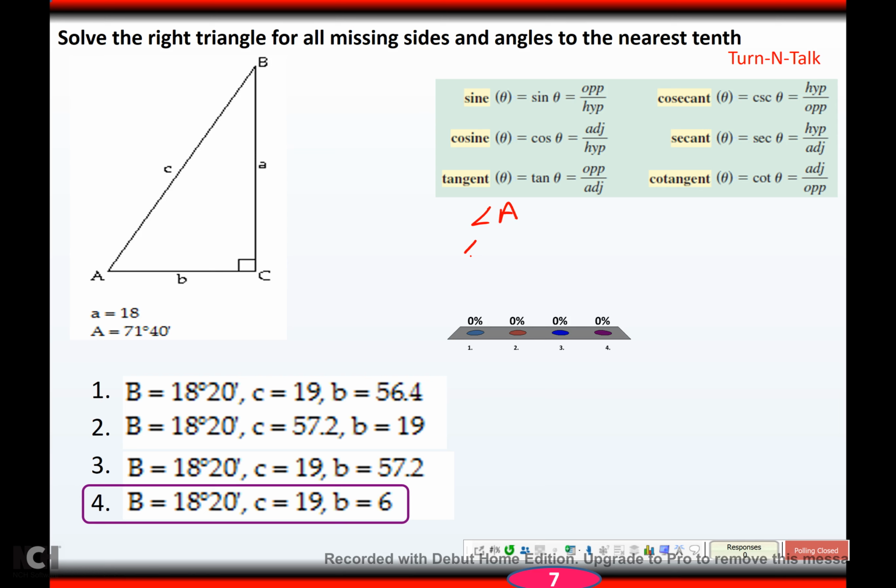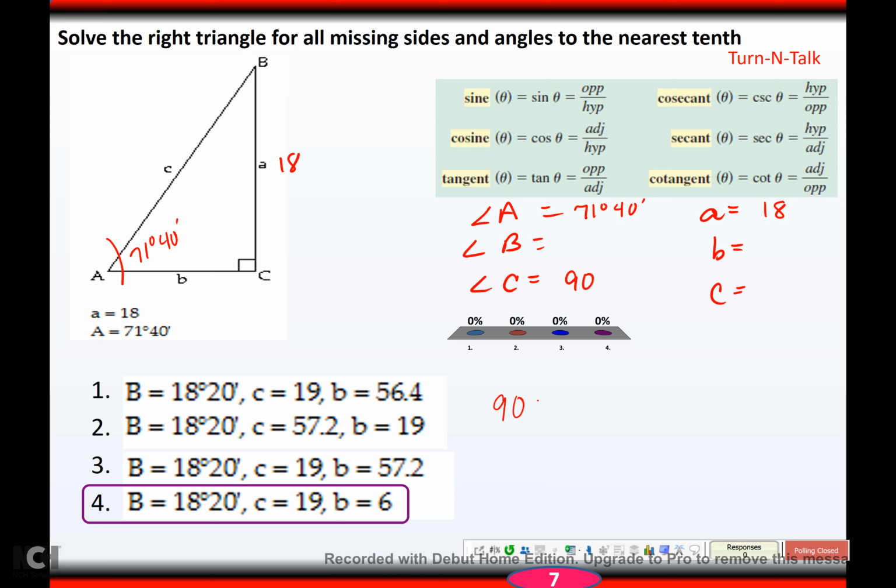Alright, I need angle A, angle B, angle C, side A, side B, side C. They give me little a is 18, and they give me this angle is 71 degrees, 40 minutes. So I know this is 71 degrees, 40 minutes. C is 90. When you're in degrees and minutes, if I take 180, take away 90, that would leave 90.